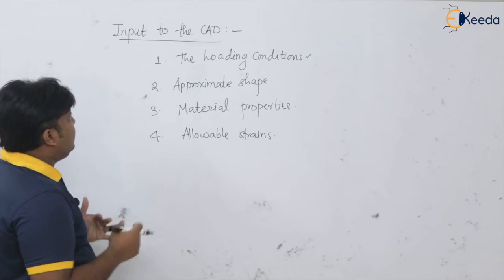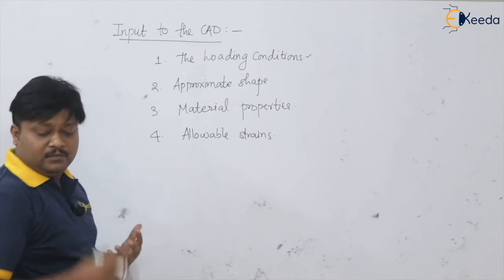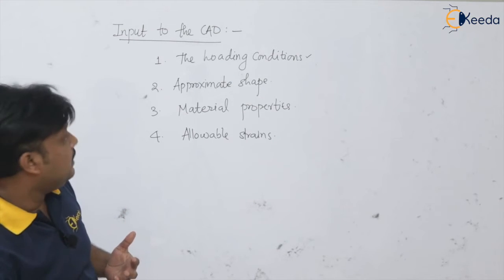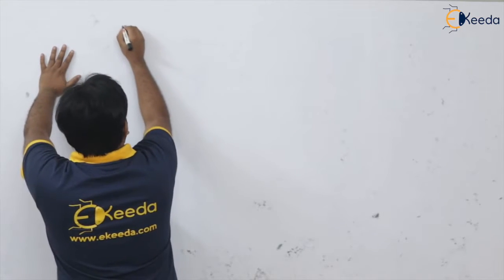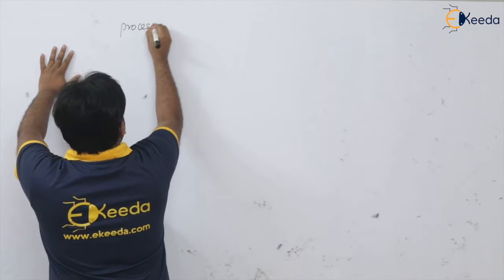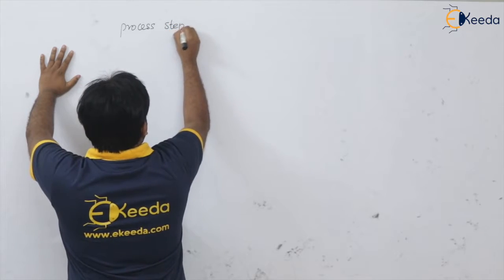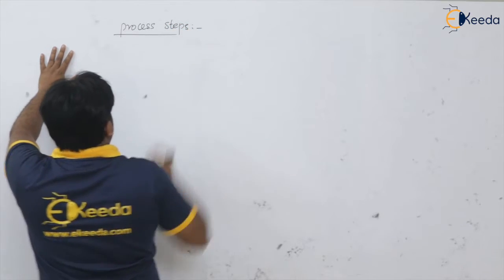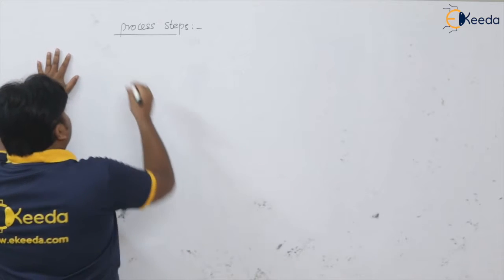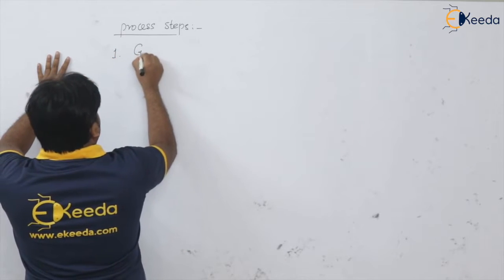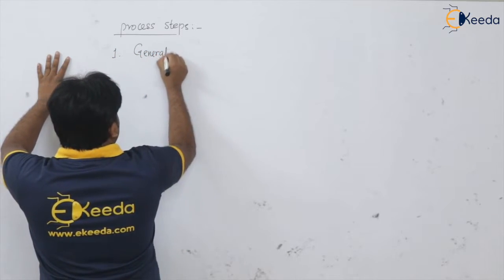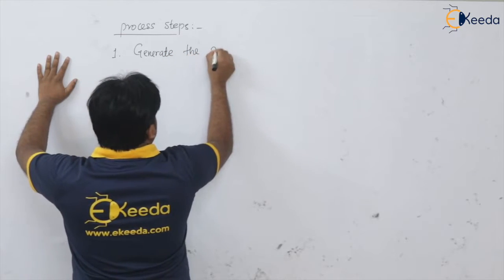So once you have this input, the input required, then what are the process steps? In the process steps, first of all, we have to generate the 2D drawing.